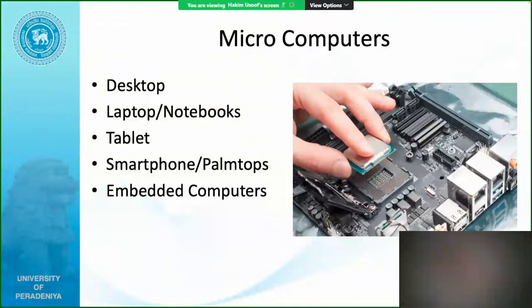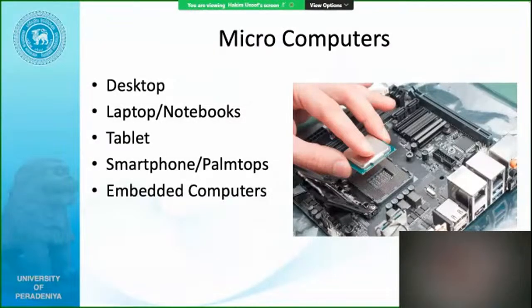Microcomputers, so your desktops, your tablets, your notebooks, your laptops, your smartphones, palm tops, they all have these microchips, which are called microprocessors. We also have something called embedded computers, which are in various appliances and devices. For example, nowadays cars have a computer, called the ECU, or a part of it, but typically a car has a computer of its own.